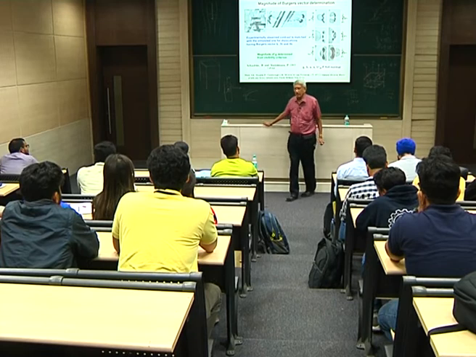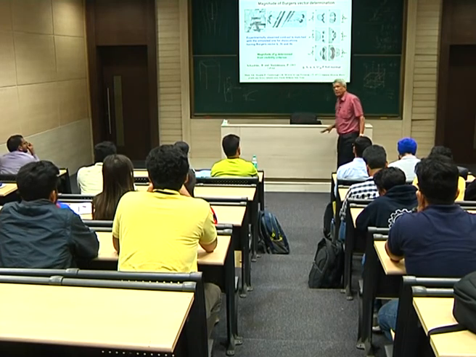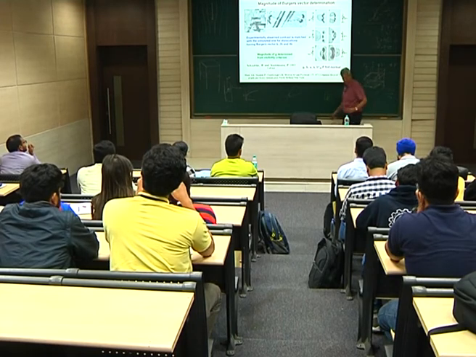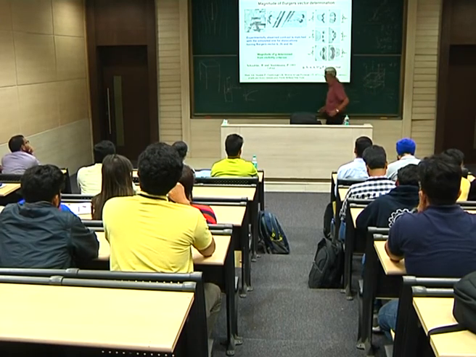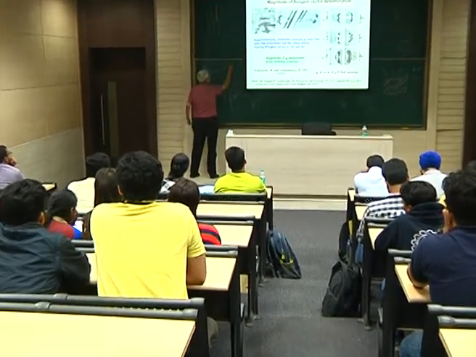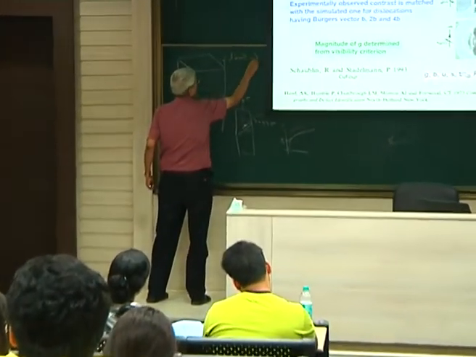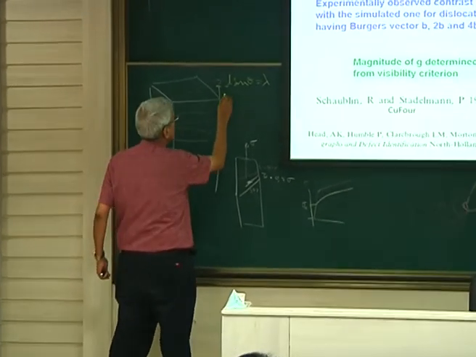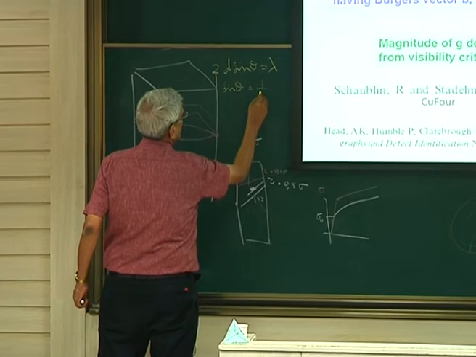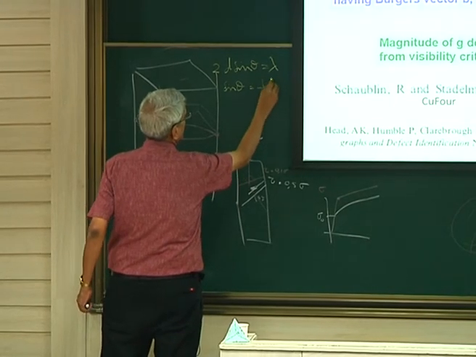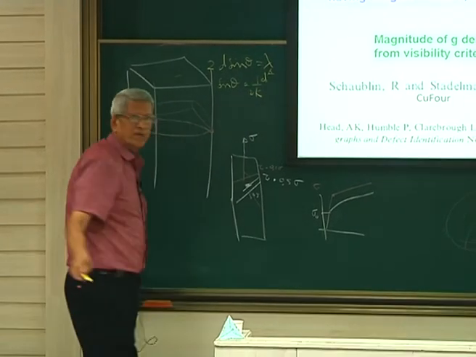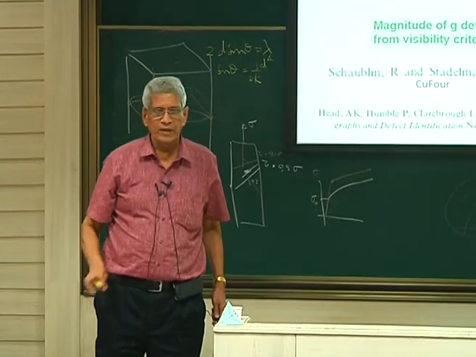Okay, and that is nothing but another form of writing this formula, 2d sin theta equals lambda. If you write it in another form, sin theta will be 1 by k, and this 1 by d I can put as d star.